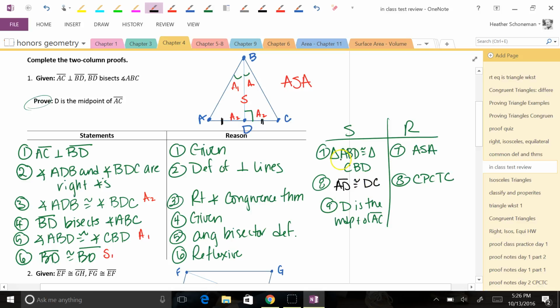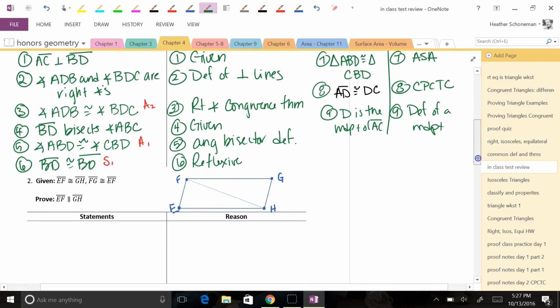Well, let's look. AD is the first and last, CD is the first and the last. So that means they're corresponding parts, and they're in congruent triangles, so they must be congruent. So there the CPCTC works. Okay, so now we know the segments are congruent. Now we can say that it's the midpoint, and our reason is going to be the definition of a midpoint.